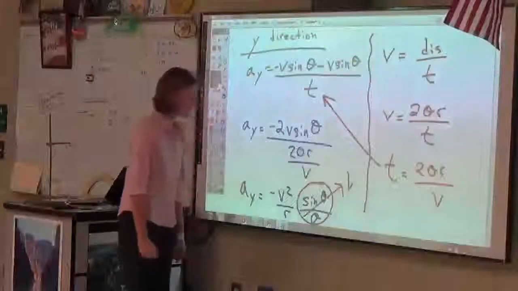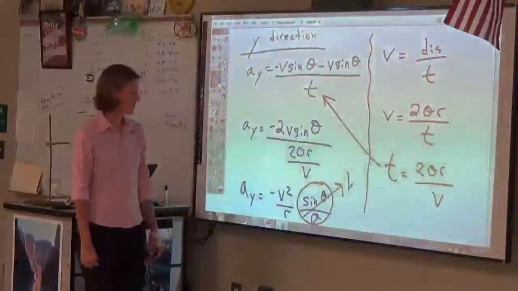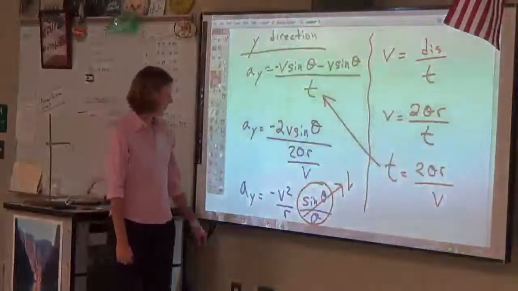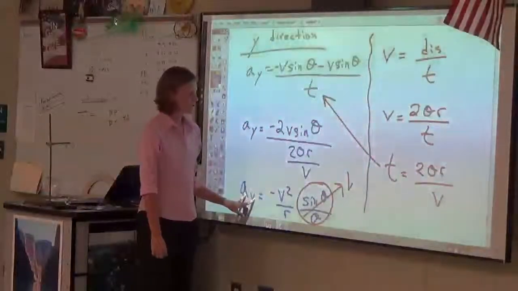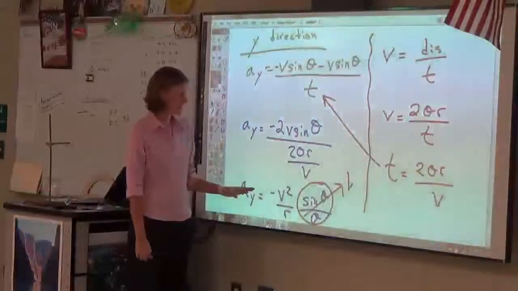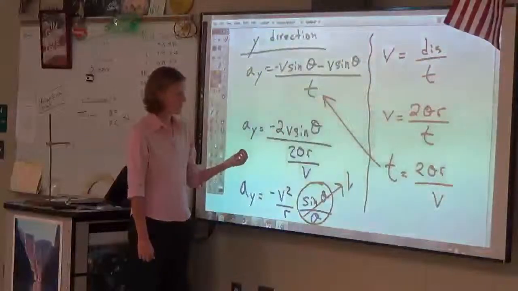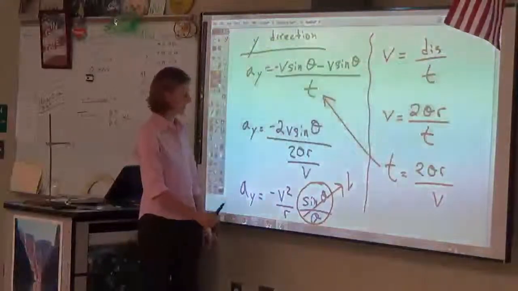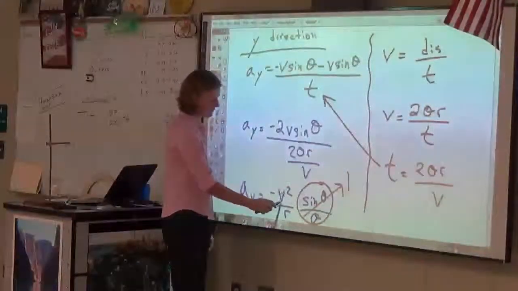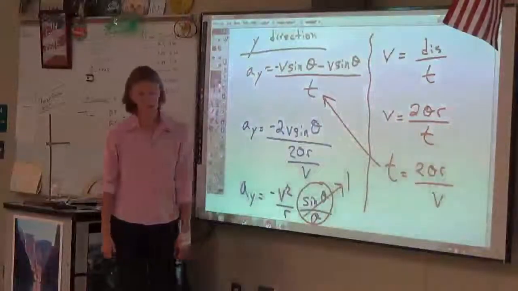So that's going to go away so long as we assume our angle is small, which we would be doing if we're trying to find that like instantaneous velocity between points, assuming they're very close together.